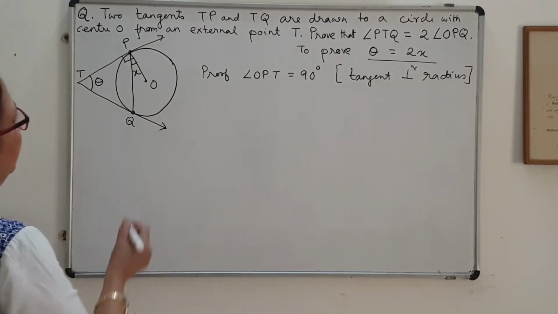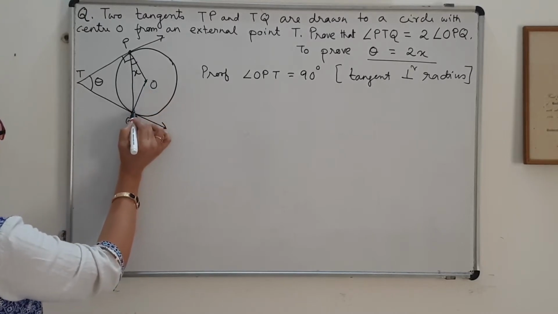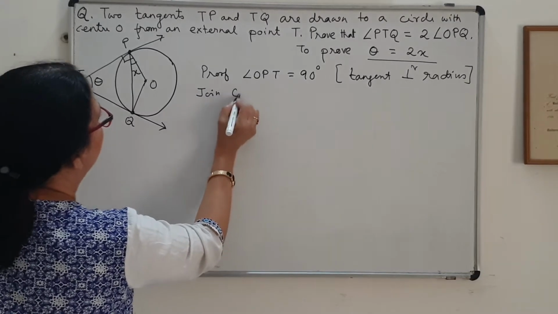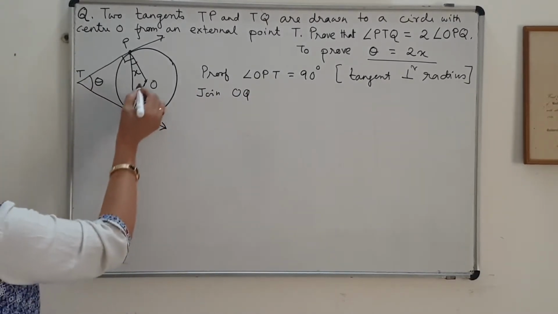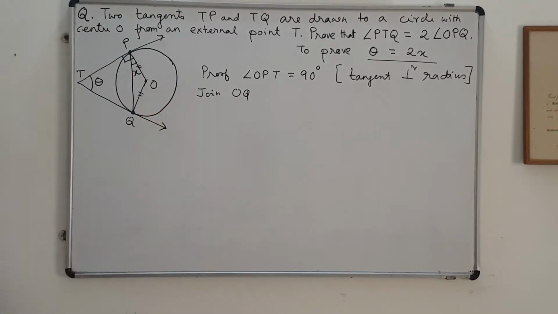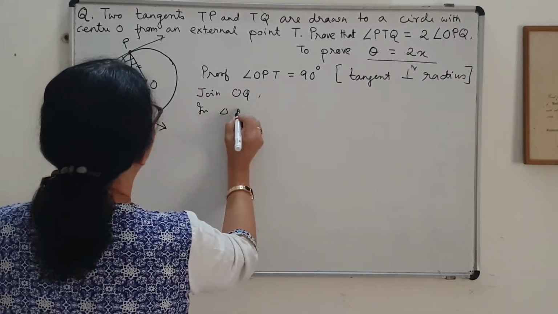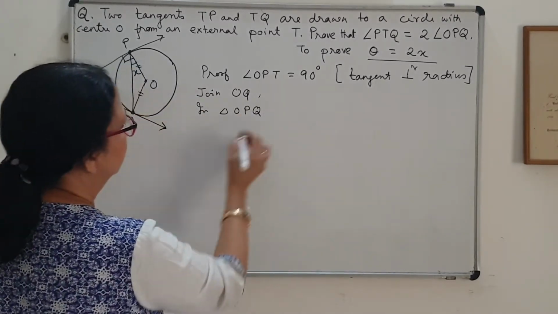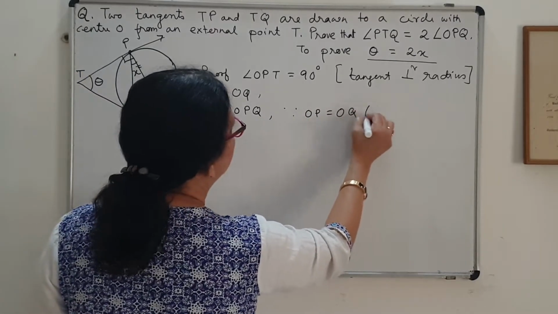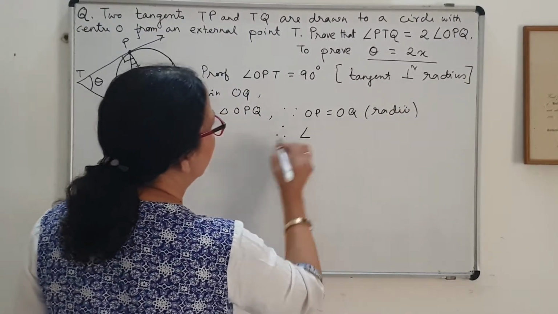And then what will I do? I will be joining OQ, so that this triangle OPQ will be an isosceles triangle, because OQ is equal to OP, because they are radii. Now in triangle OPQ, since OP is equal to OQ, the radii of the same circle, the angles opposite to them will be equal.